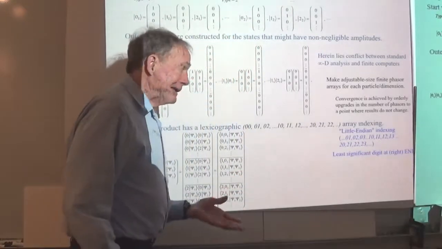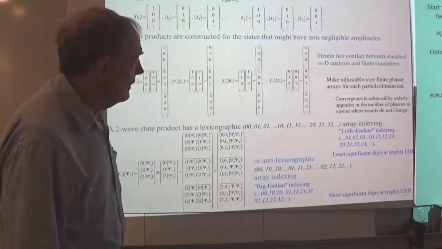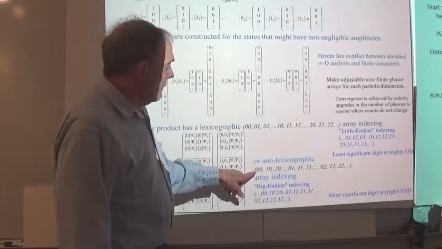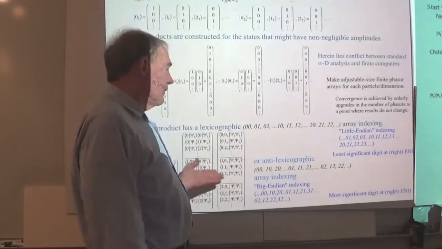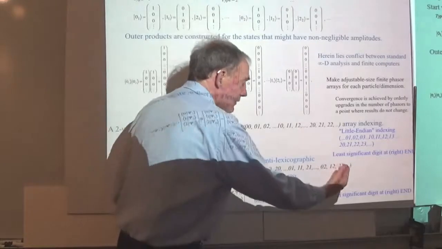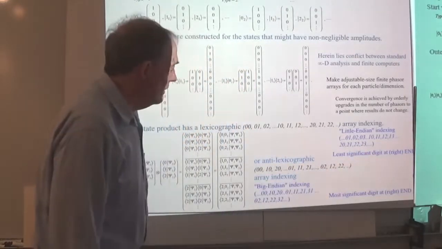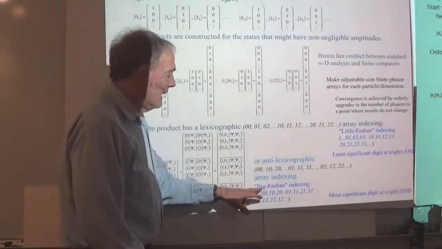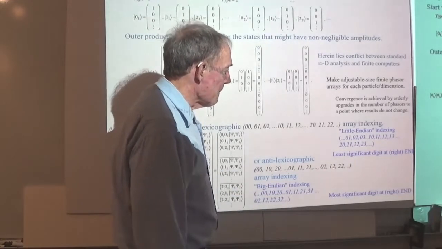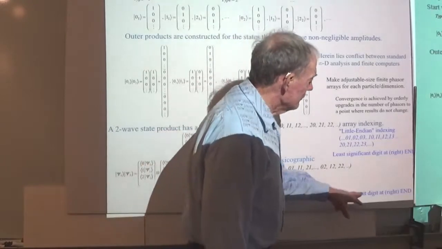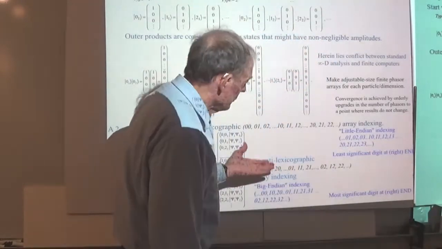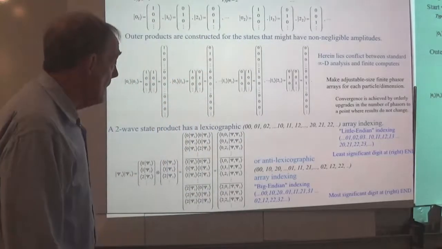There's also Big Indian that does just the opposite, anti-lexicographic, where the thing on the left is the least significant, and the right-hand side is the big guy. This is the Big Indian indexing. So most significant digit at the right end is this one. This one is often used as well.